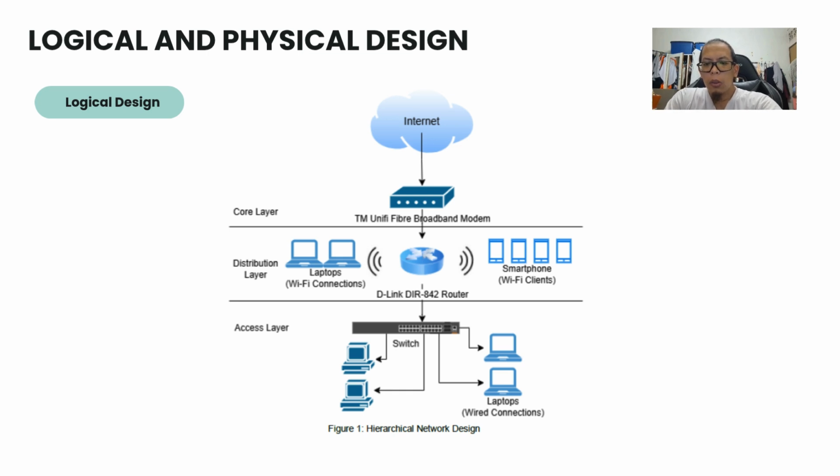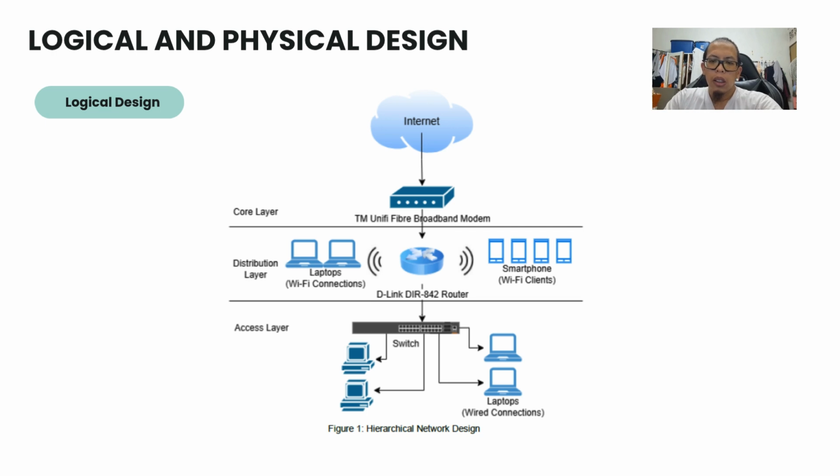Then we go to the distribution layer, where the D-Link router connects to the TM Unifi Broadband modem. From the router, it connects to any wireless-capable devices. In this case, it connects to the smartphone, which has Wi-Fi capability, and also the laptop, which has a Wi-Fi connection.